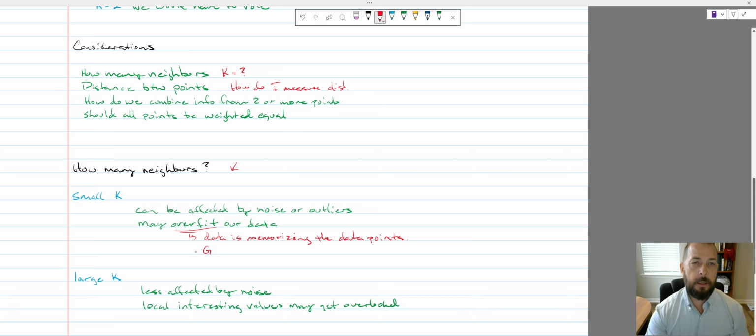In general, we want to create generalizable models, and this goes for anything even outside of the K nearest neighbor model.